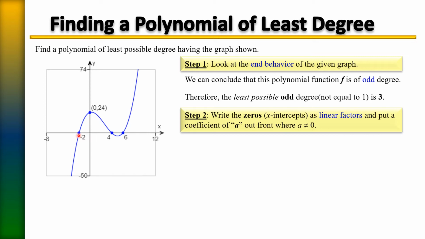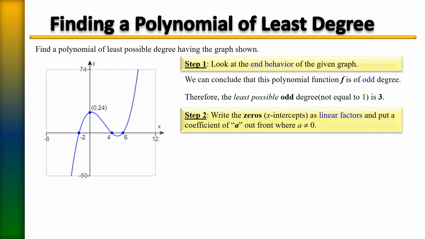So we can see here that it will cross at -2, so there's a 0 there. At 4, there's a 0 there, and then again at 6, roughly.